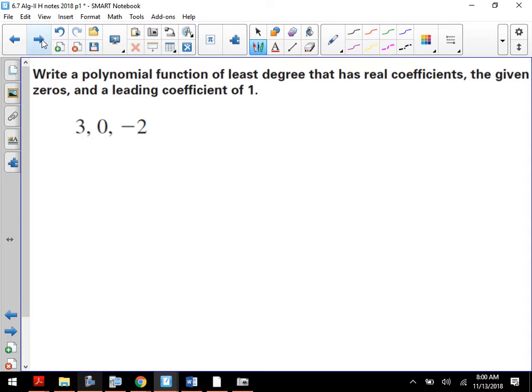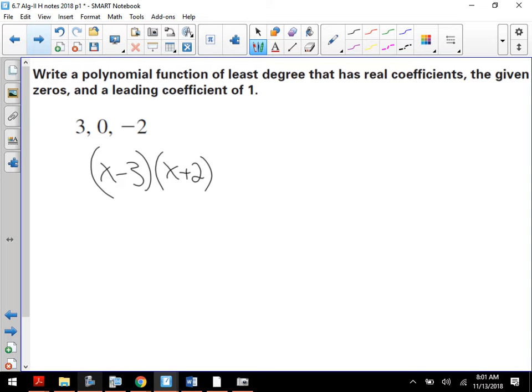That'll be helpful. Okay. So if you have zeros of 3, 0, and -2, what are your terms? What term generates 3 as a 0? X minus 3. What term generates a -2 as a 0? X plus 2. What term generates 0 as a 0?